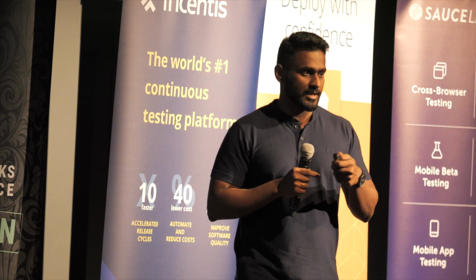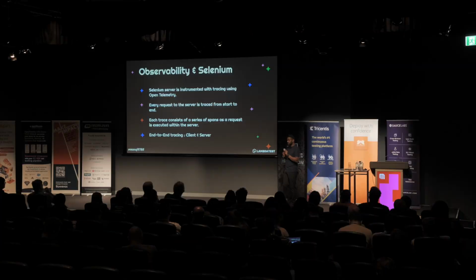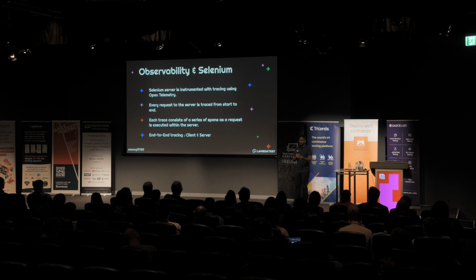So if anything goes wrong, unlike the unfriendly message that we smiled about, remote browser has died, you'll get a lot more information. You can actually look at spans. Spans are nothing but a small piece of information within the telemetry APIs. Each trace consists of a series of spans. A span is a small piece of information that tells you what has happened in that stage and was executed within it.